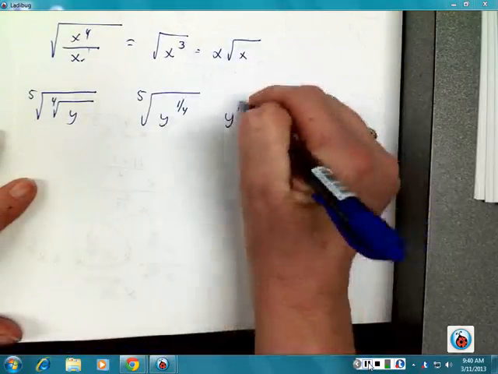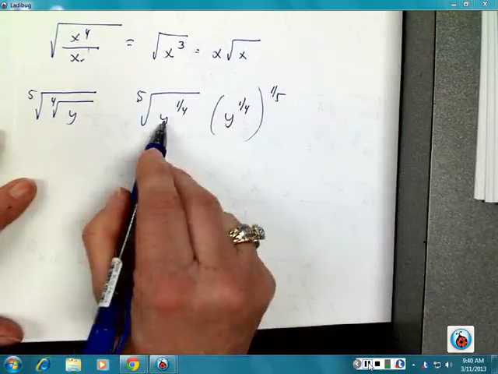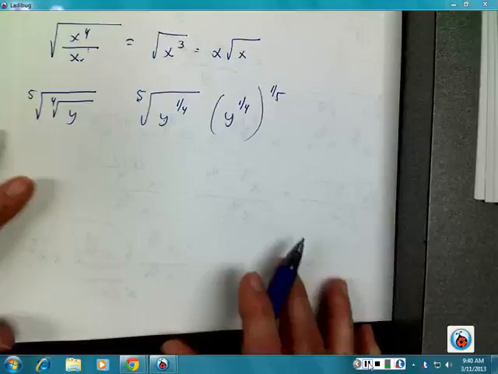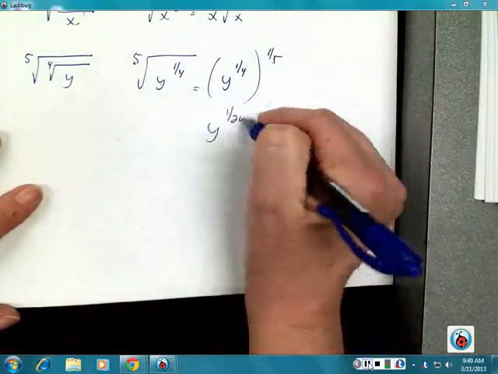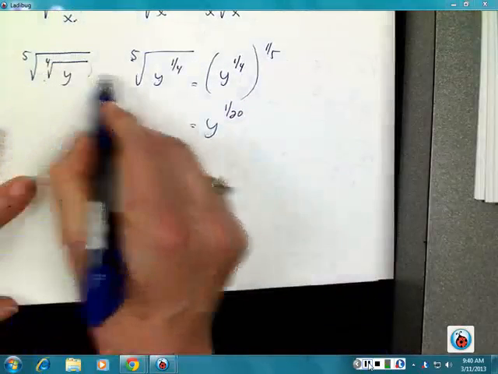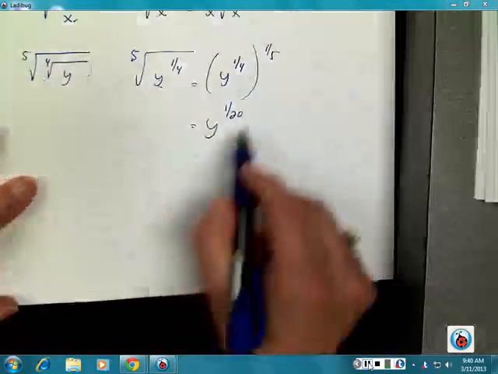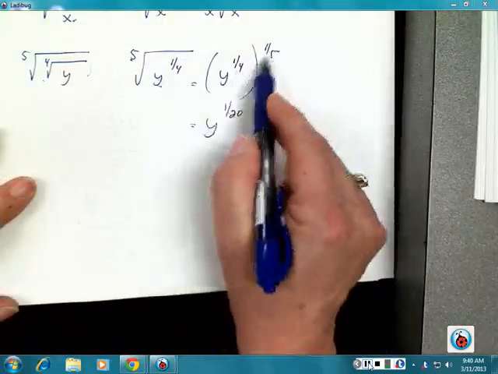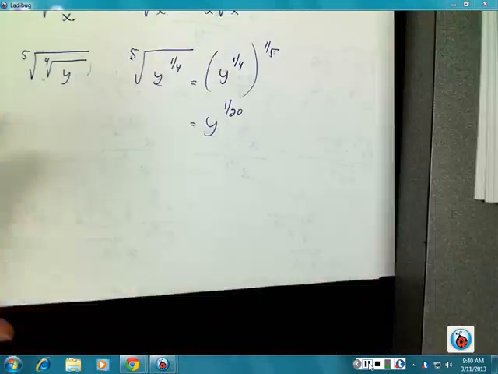I have y to the 1/4 raised to the 1/5 when I take that radical and turn it back into fractional form. So really I have y to the 1/20th. Again, turn this into fractions, turn that into fractions, and then multiply my fractions based on my rule that says I can distribute an exponent on the outside by an exponent on the inside and get y to the 1/20th.